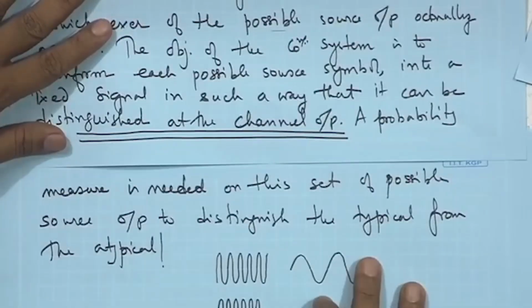and hence it said at the last point that a probability measure is needed on this set of possible source output. Now, what it tells is that if I have a source, that means let's say which is generating English letters, let's say a human source, let's say, which is speaking, it is generating some textual matter.